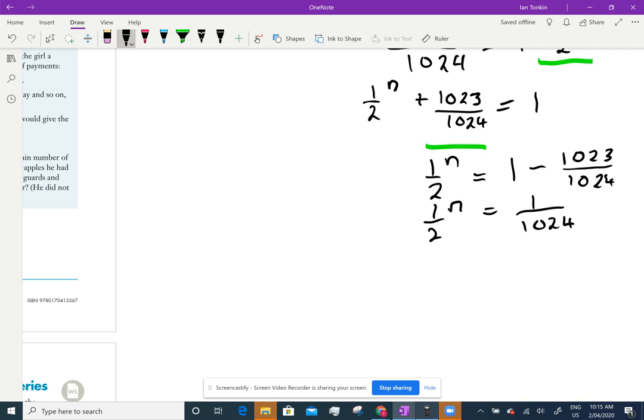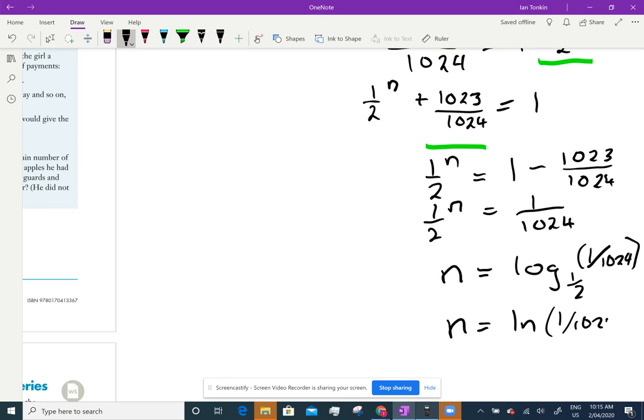Remember our log law, so that means n is going to equal log base a half of 1 over 1024, which is n equals ln of 1 over 1024 divided by ln of a half.